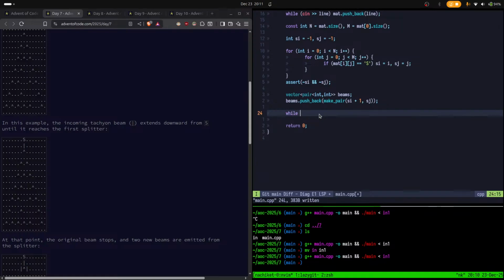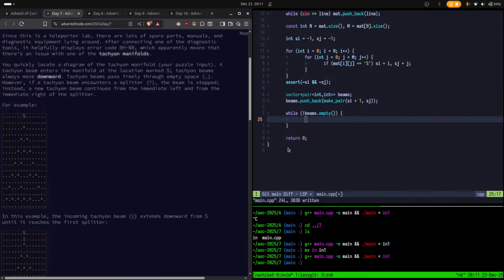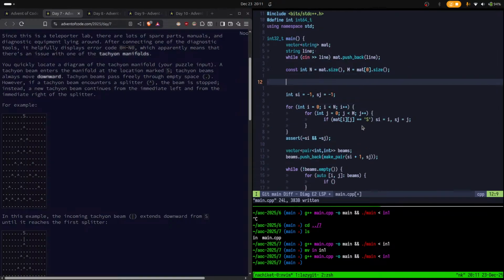As long as the beams are present, if a beam is present at i, j, check the cell just below it.